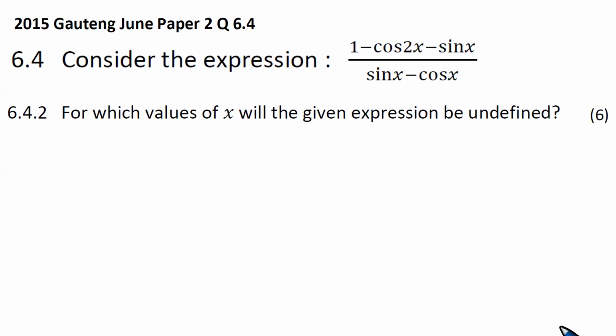Yes. Because it's an expression, so it's sin x minus cosine x equals 0, and this whole thing is in the denominator. So yes, well done, Noah. Sin x minus cosine x must not be 0.